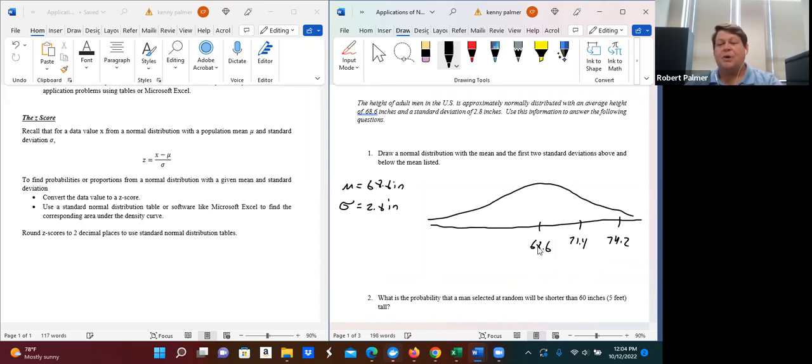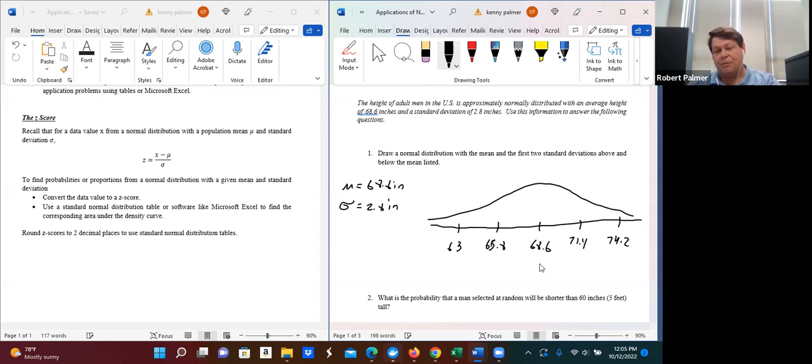I said this wrong a minute ago. 60 inches is about 5 feet tall, so 71.4 is almost 6 feet tall, and this would be about 6 feet 2 inches, two standard deviations above the mean. One standard deviation below the mean, subtract 2.8, gives 65.8. Another standard deviation below, that's going to be 63.